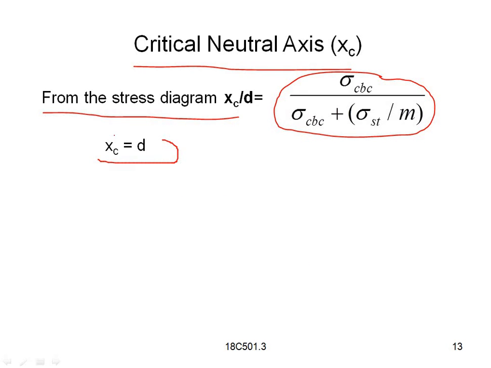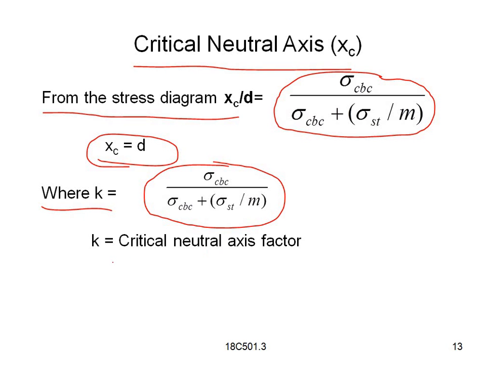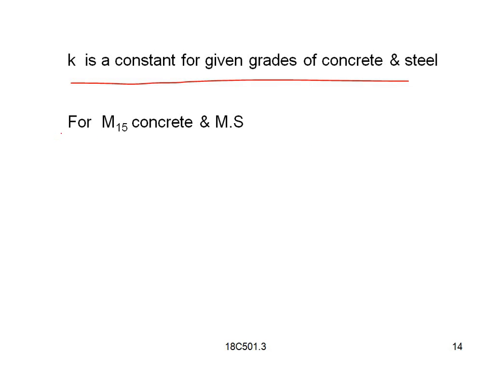So XC is determined as k into d, where k is equal to sigma CBC by sigma CBC plus sigma ST by m. Here k is the critical neutral axis factor, and k is a constant for given grades of concrete and steel.